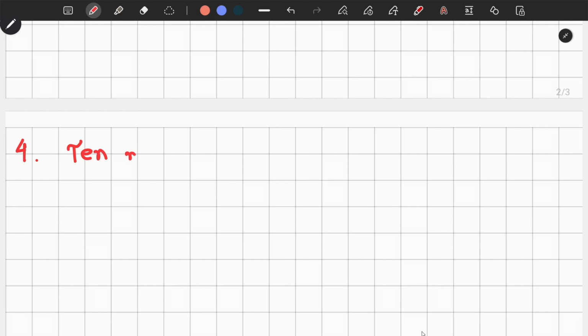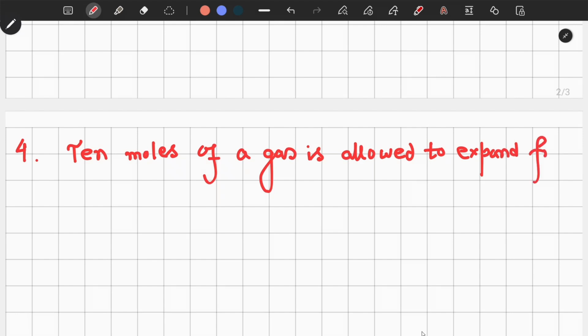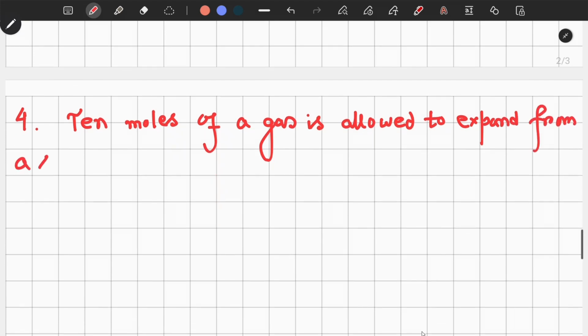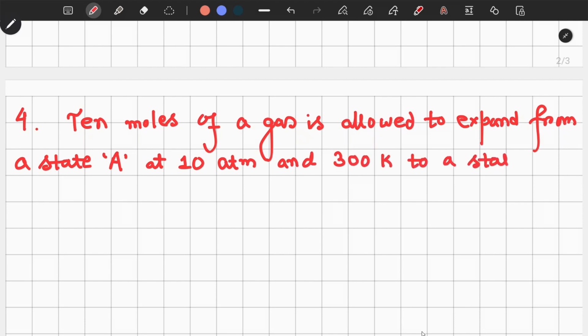Wait. 10 moles of a gas is allowed to expand from a state A at 10 atm and 300 Kelvin to a state B at 100 atm and 600 Kelvin.